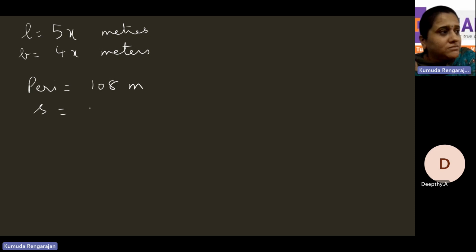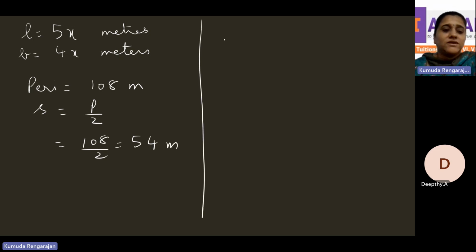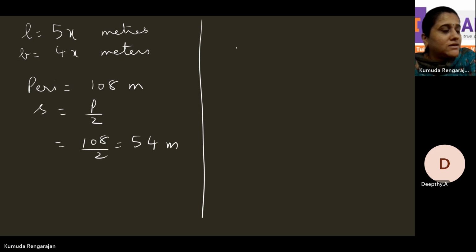Then what will be the semi-perimeter? 54. Perimeter divided by 2, which is 108 divided by 2, 54 meters. Then next what? Length plus breadth is equal to semi-perimeter.